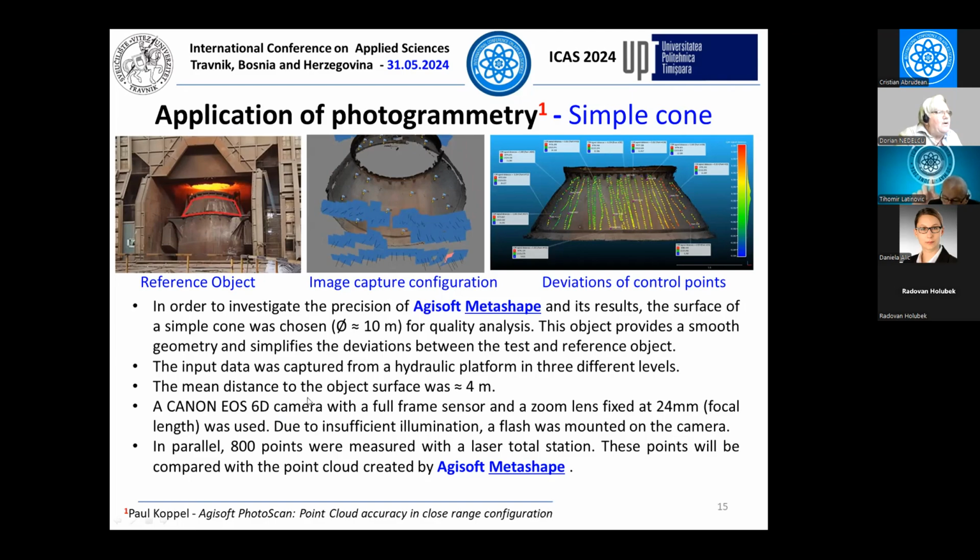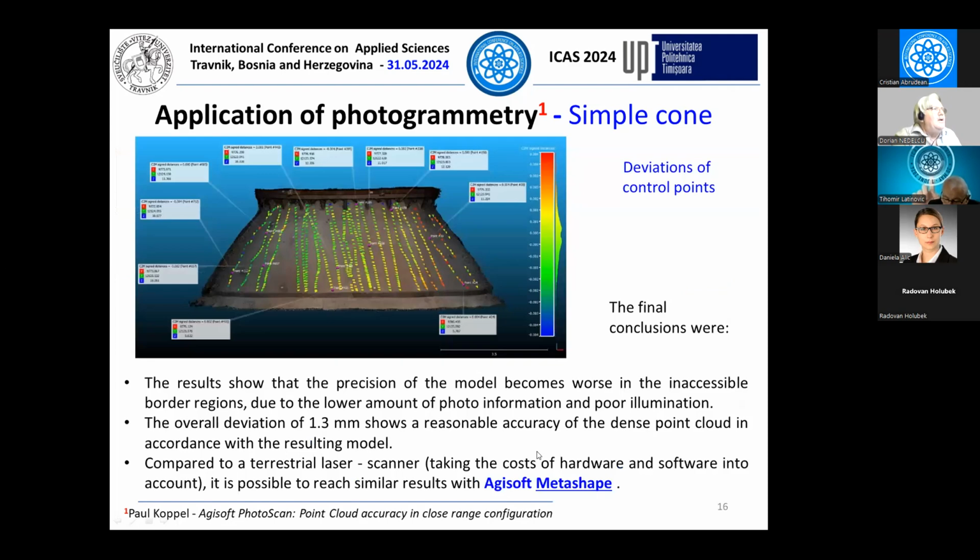The mean distance to the object surface was 4 meters. This is the distance where the camera took the pictures, a Canon camera, obtaining 800 points, comparing with a laser station.